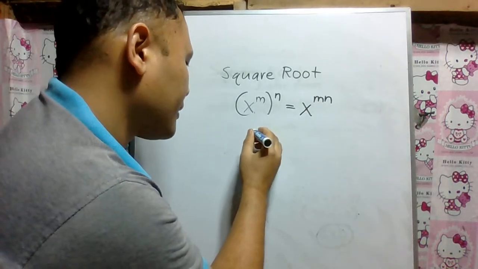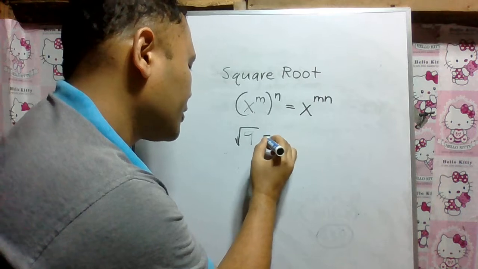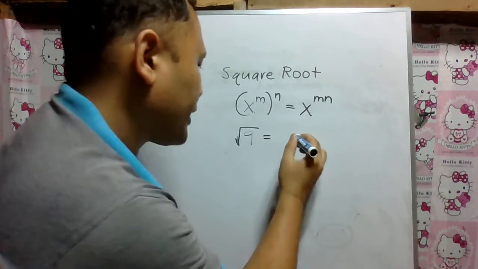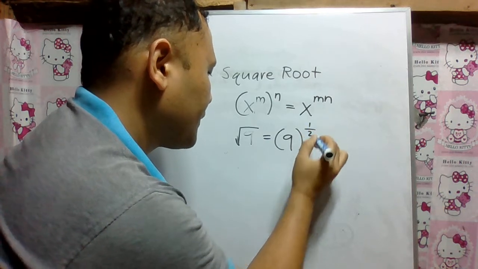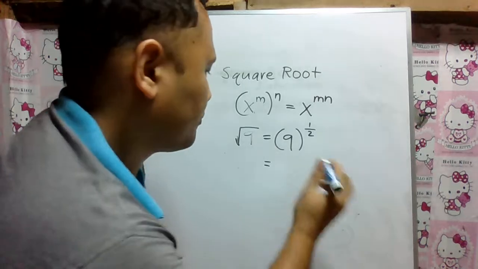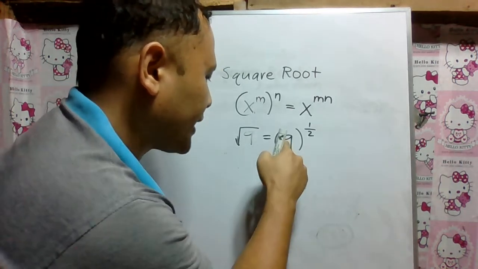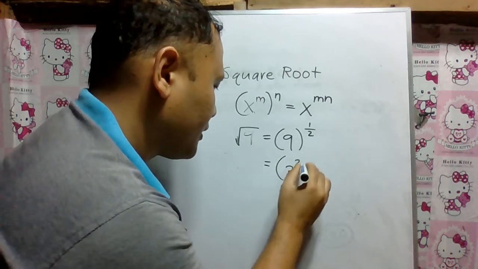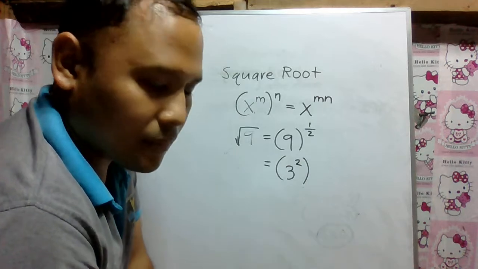If we get the square root of 9, that also means that we raised 9 to the power of 1/2. And 9 can be expressed as 3 squared. 9 and 3 squared are the same numbers.